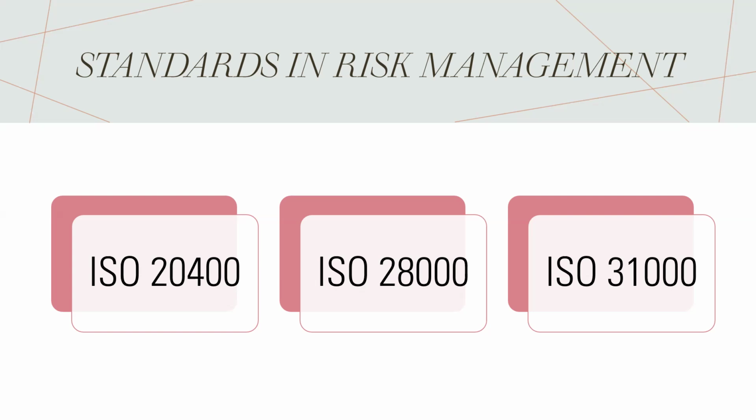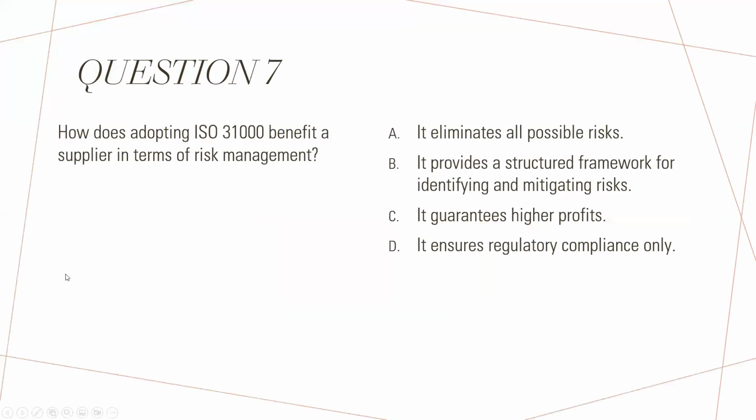Now, it's time for you to recall what you have read from the study guide, and let's see how you answer this question. Number seven, what would be the benefits of 31,000 to a supplier?